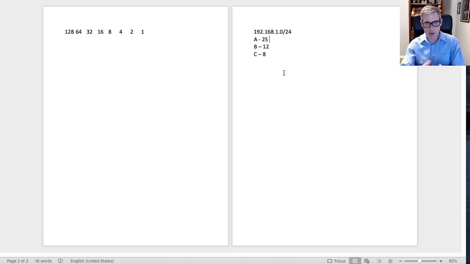Well, it is 2 times 2 is 4 times 2 is 8 times 2 is 16. Not enough. Times 2 is 32. So that was 5 times. So we need 5 host bits. That leaves 3 network bits. So that is 1, 1, 1, 0, 0, 0, 0, 0.